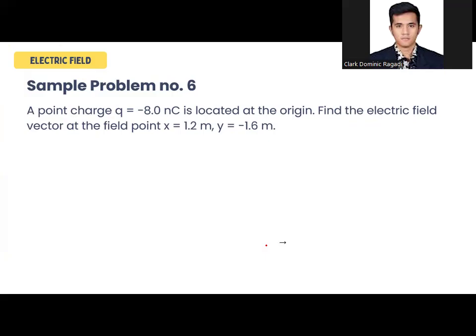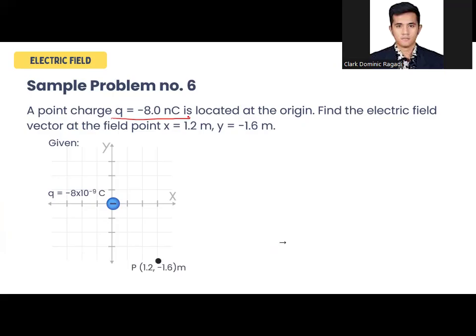So we're given coordinates, that is why we need to plot our given. Again, we are given the charge Q at the origin, and we are solving for the electric field at the point 1.2 comma negative 1.6 meters.